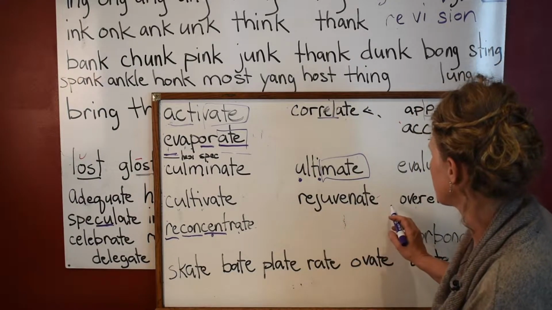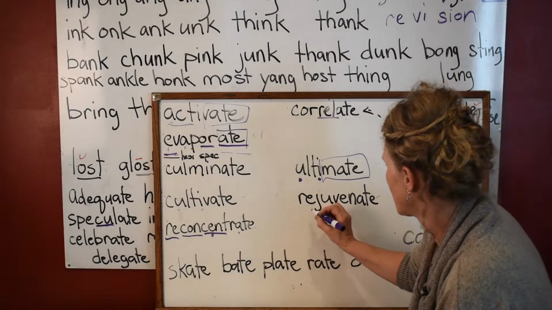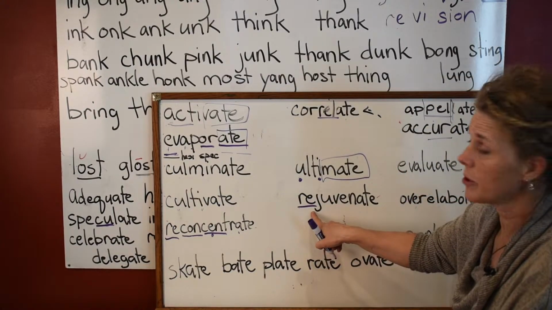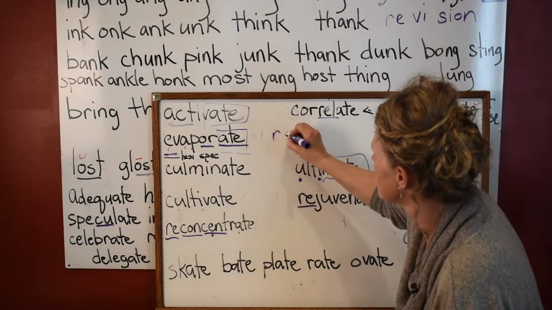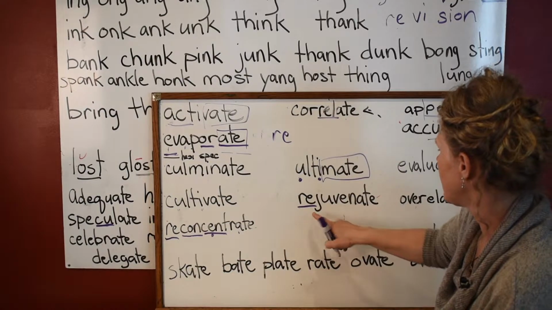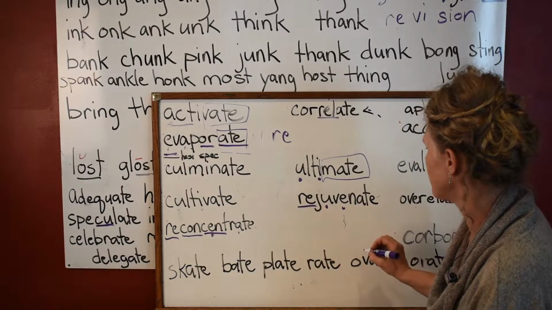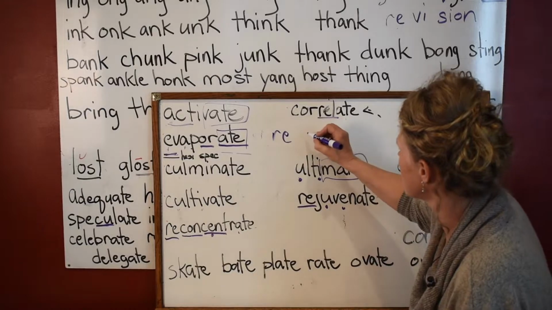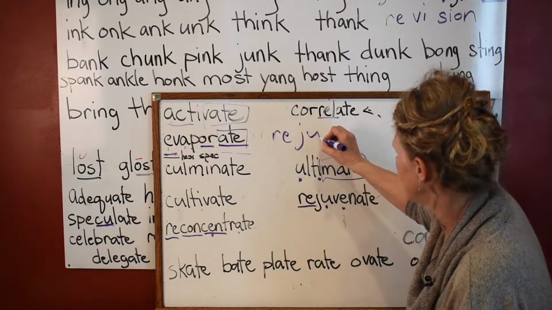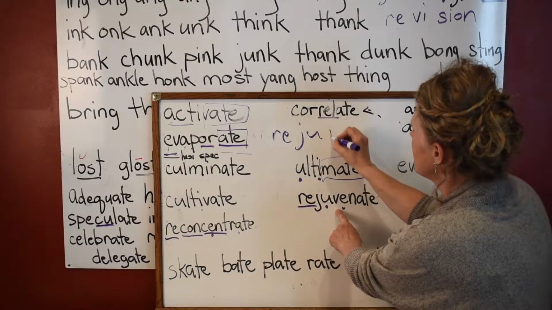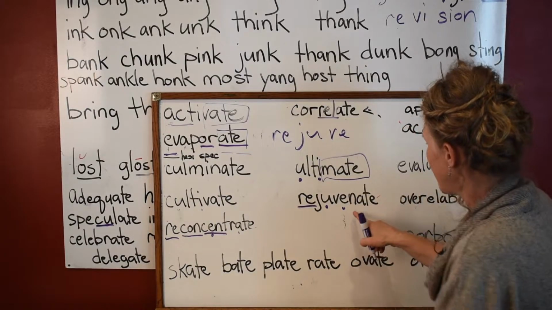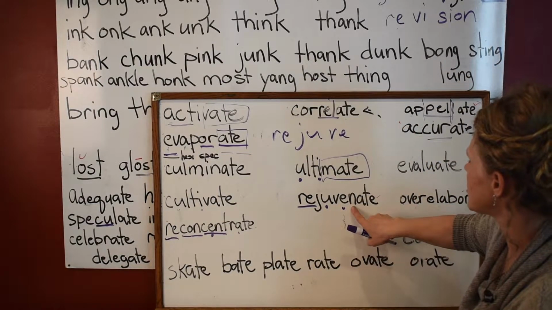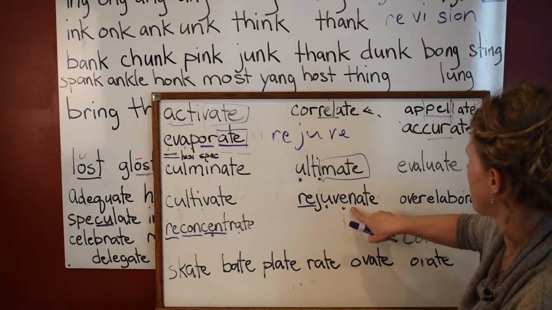Now let's look at rejuvenate. Okay, you have a prefix right here, so we're going to just write re. Okay, now let's find our vowels. Boom, boom. One's in the middle, so we're going to go J-U, and the V goes with the E. Now, look, you have your ATE, and there's a consonant, so put them together.